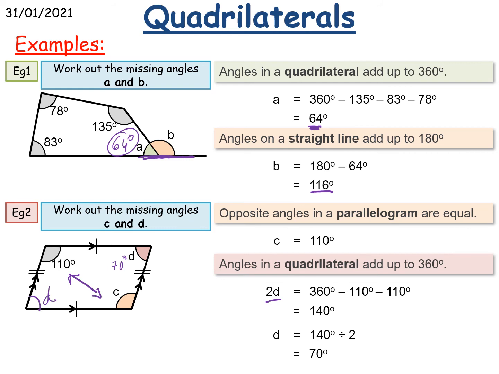What you might notice here is that this 110 degrees and this 70 degrees both add up to give you 180 degrees. So you can also say that adjacent angles in a parallelogram add up to 180 degrees. Another way of looking at it is co-interior angles when you have parallel lines.